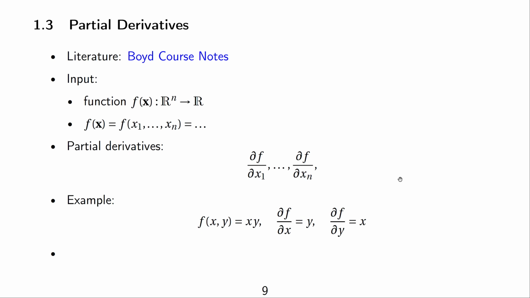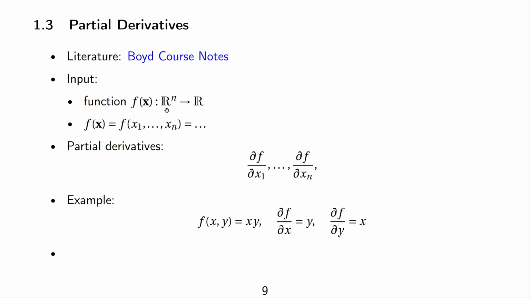All right, now let's look at partial derivatives. Let's look at a somewhat simple function first, f of x, where x is a vector now, that takes an n-dimensional vector x and maps it on the real line.